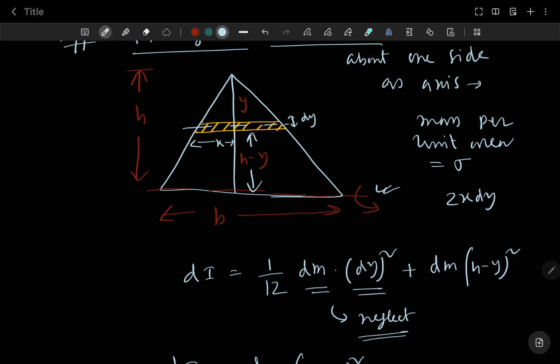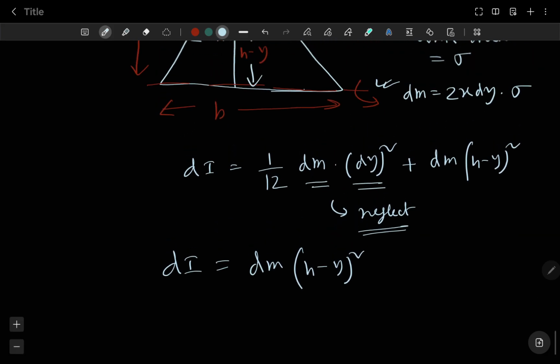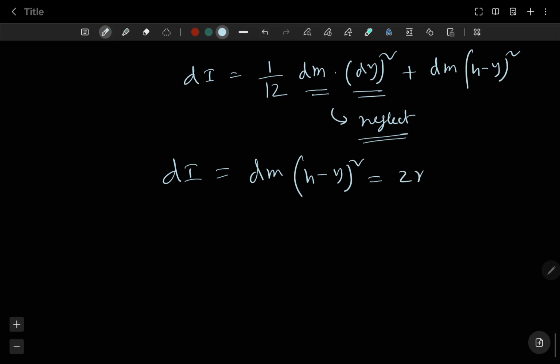So it is 2x dy, the area, into mass per unit area sigma. So this is the mass dm. So I can write it as 2x dy into sigma into h minus y square.